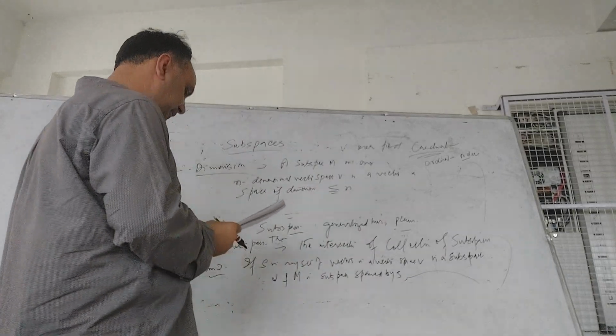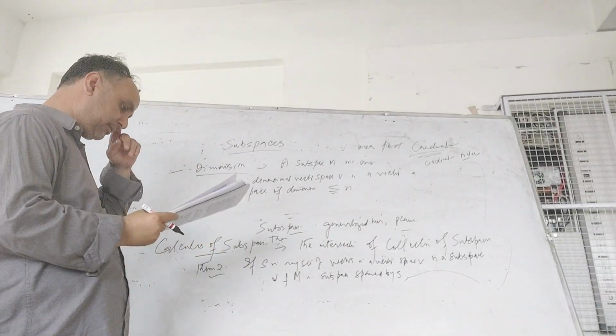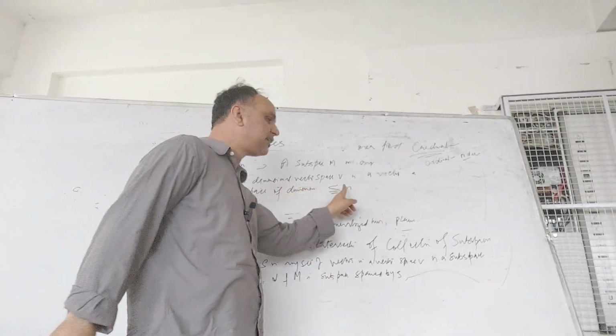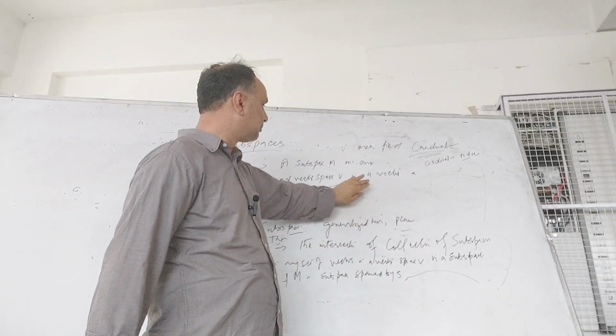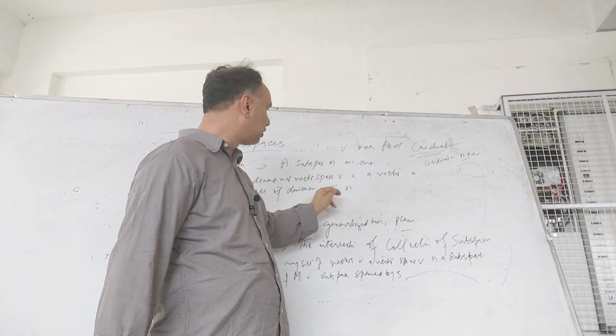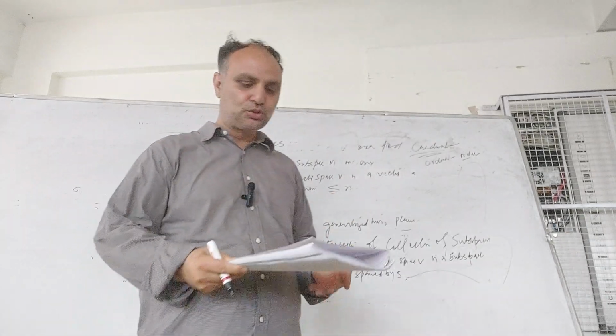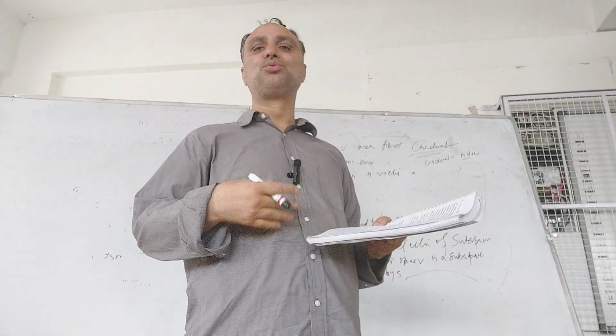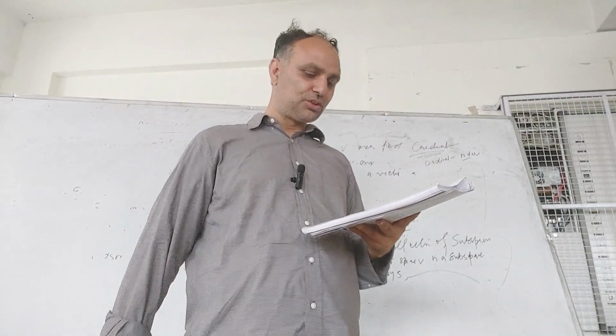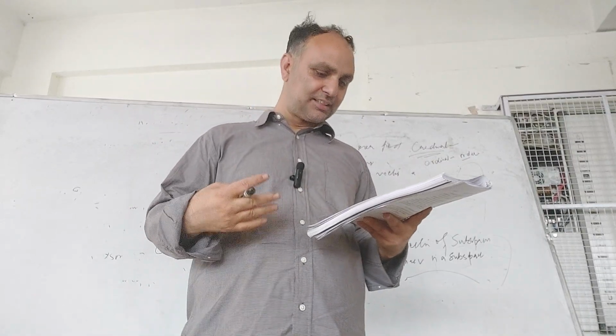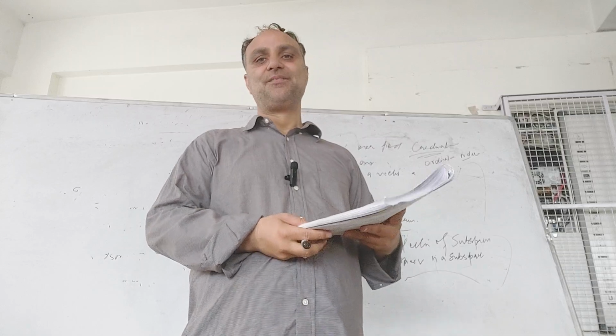That's it. Think of n as a very large number. You can always have such a subspace. The statement seems to be clear, and the proof, if you read it, is also deceptively simple.